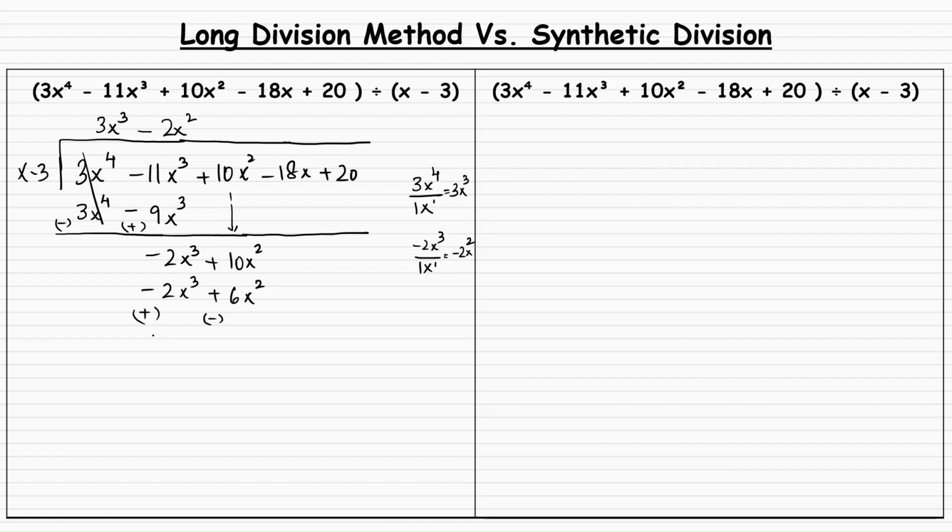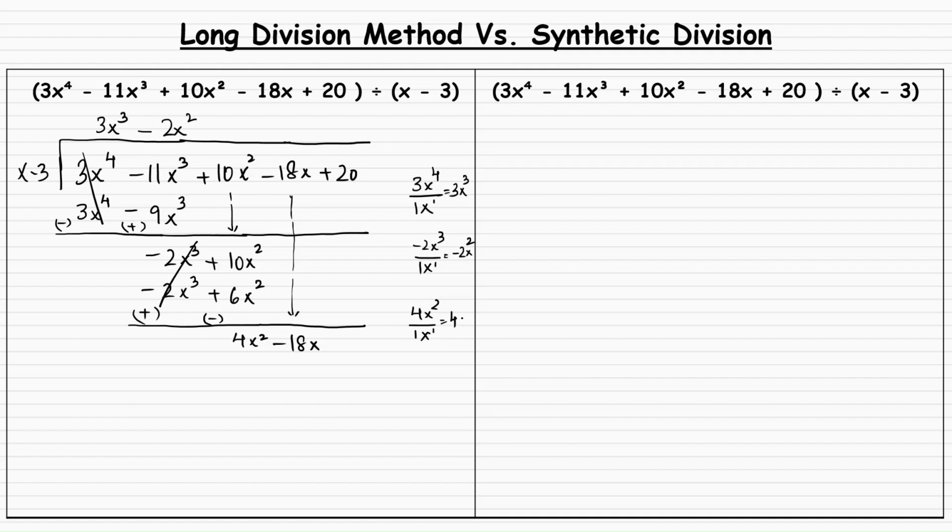Change the signs. Subtract. Cancel. Plus 10 minus 6, 4x square. Bring down negative 18x. Now again divide 4x square by the first term of the divisor, x. 4 divided by 1, 4.